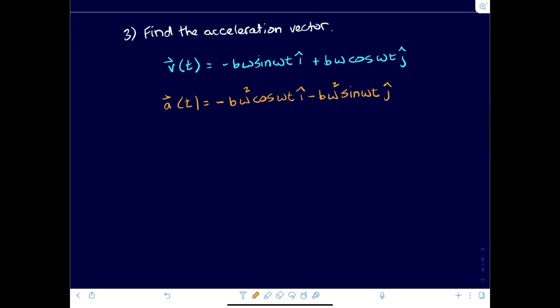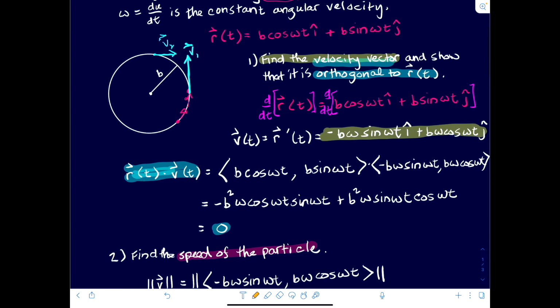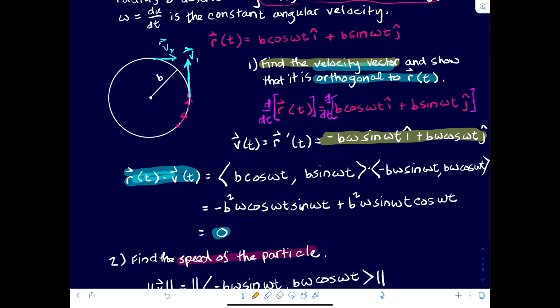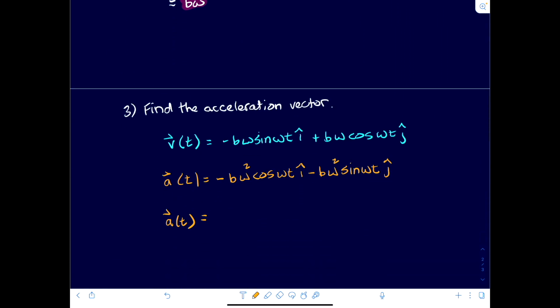So I want to write this in terms of r at t. So here, if we were to factor a little bit, and remember what was r at t? b cosine omega t i plus b sine omega t j. So if we factored out a negative omega squared, we would have b cosine omega t times i plus b sine omega t times j.